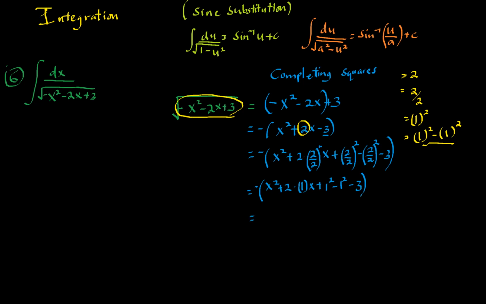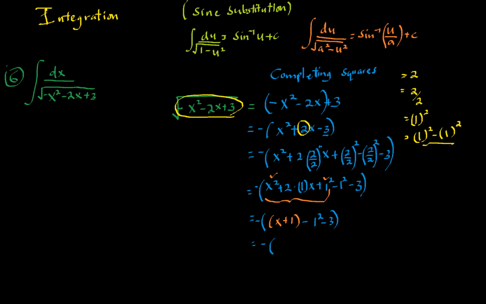So just like last time, we're looking at these 2 terms as our 2 terms of the equation. That means with the brackets, our perfect square is going to be x and its second term positive 1, and then the rest of the equation, which is negative 1 squared minus 3.